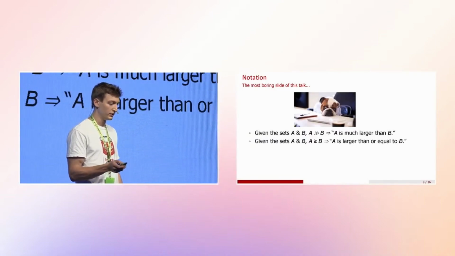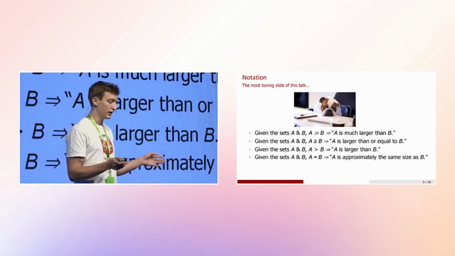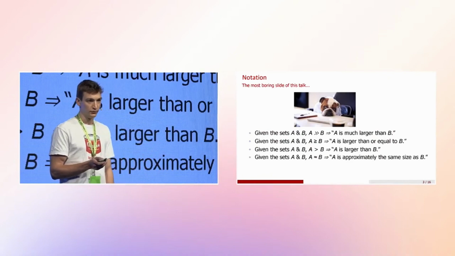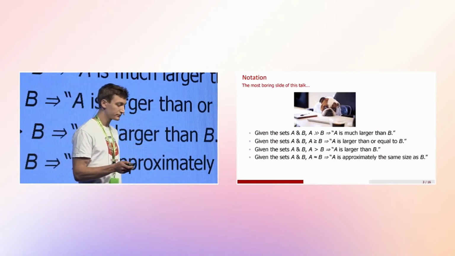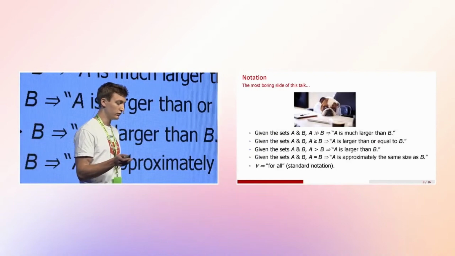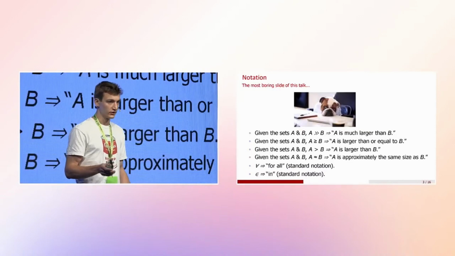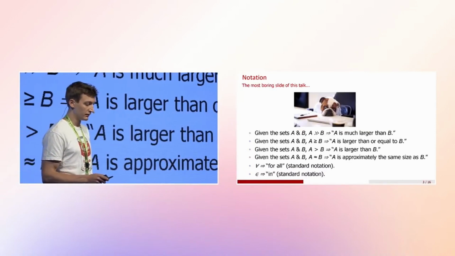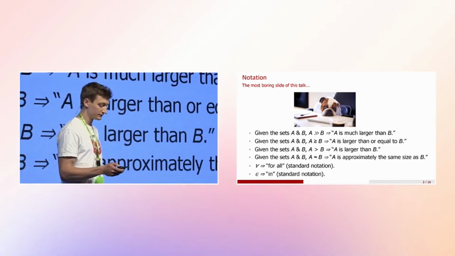Greater than or equal to B is the same. Greater than, or simply greater than B, and then approximately equal to B would be sets A and B are about the same size or relatively similar. And then 2 last pieces would be the for all notation and the in notation. So don't worry too much. This is mostly a visual presentation, but I thought this would be a good place to start.